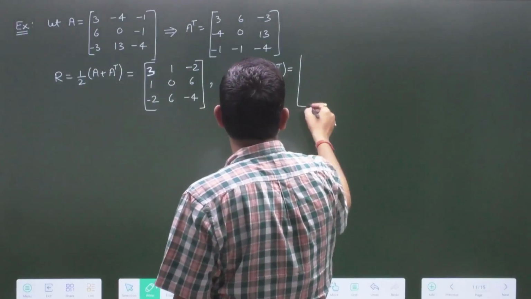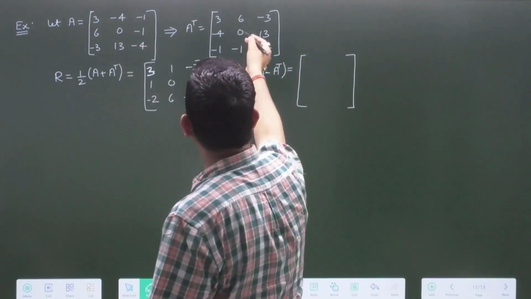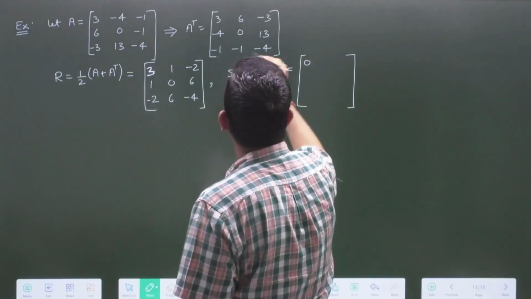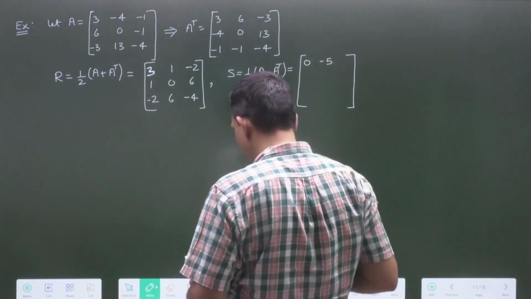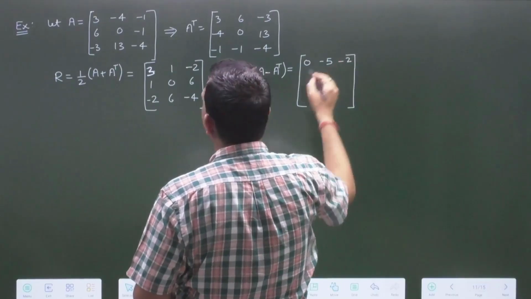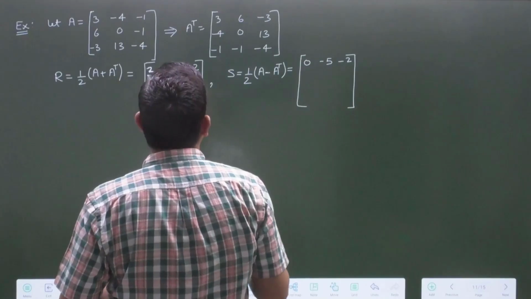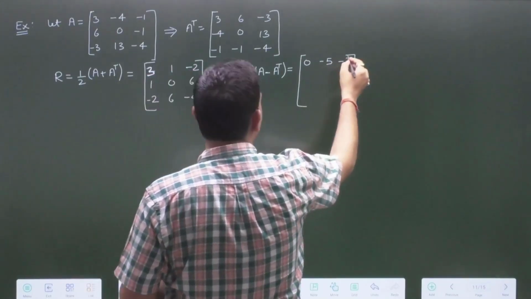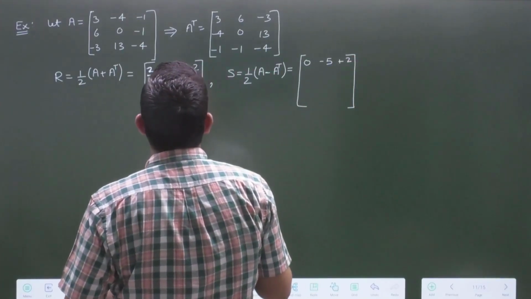This matrix is given by, so this is A minus A transpose, so 3 minus 3, this will be 0, minus 6, minus 4, minus 6, minus 10, this is minus 5, then minus 4, minus 2, this will be minus 2, plus 2. 1 divided by 2.